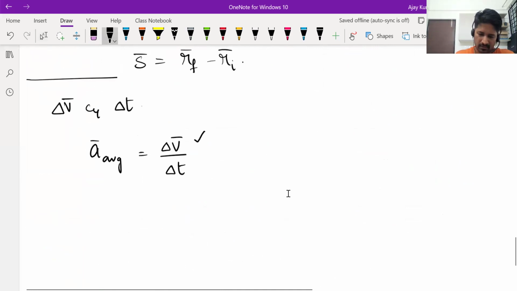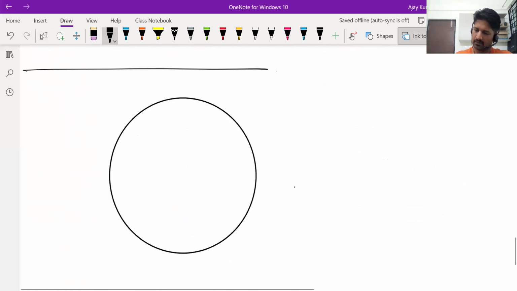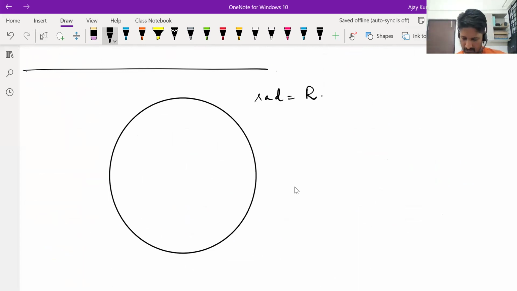Okay, let's discuss some more cases of uniform circular motion. Today we'll only discuss circular motion. Suppose the radius is r, and the particle is moving with a constant speed v.